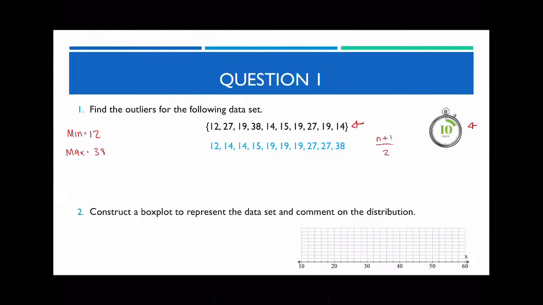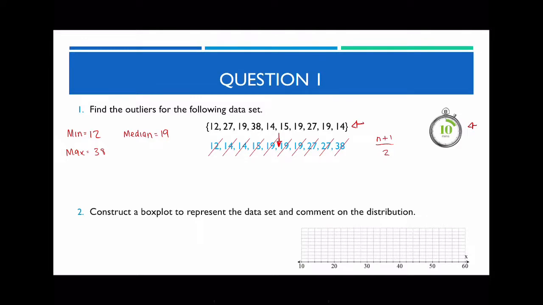So I'll cross out these two numbers, cross out this, and keep going until I arrive at my center value. After I've crossed out these two values, this implies that my median lies in between these two values. A number in between 19 and 19 is also going to be equal to 19. So my median is equal to 19.